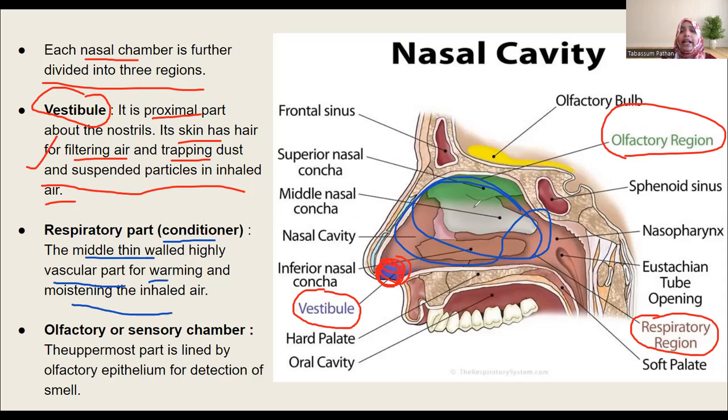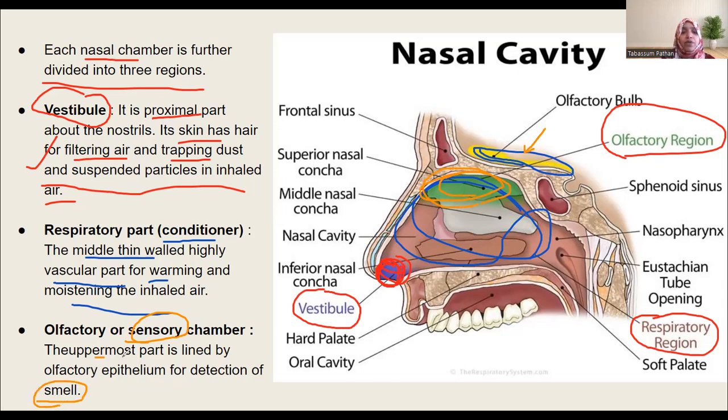Fine. And then you move over here. Can you see the yellow region over here? This yellow region is your olfactory region. What is the olfactory region doing? The olfactory region is basically the sensory region. Sensory means it will sense the smell. The olfactory bulb is actually a part of the brain, so it is in connection over here. This olfactory region is responsible for detection of the smell.